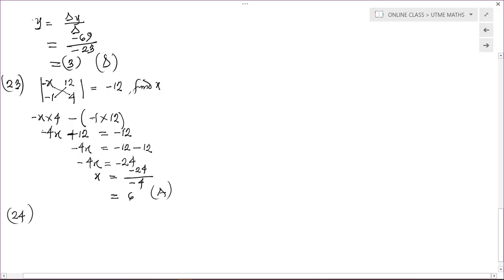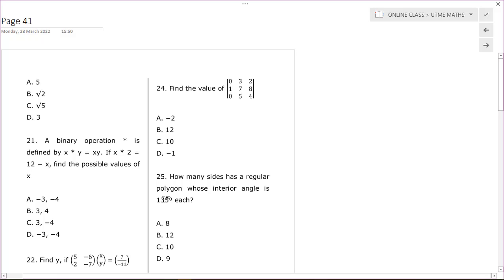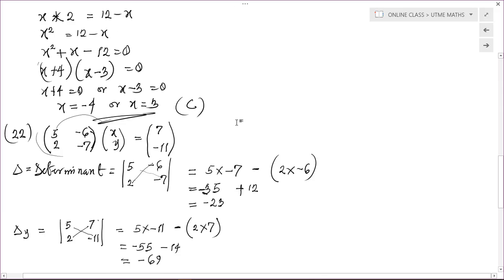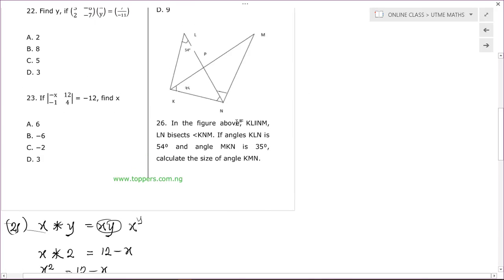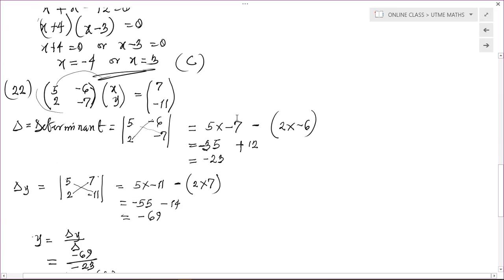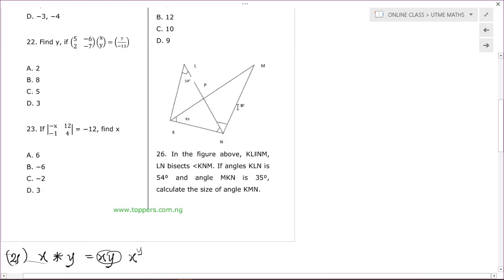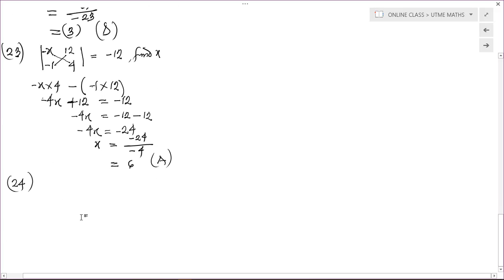Number 24 says that find the determinant. When you see one like this, a line by the side, the determinant of 0, 3, 2, 1, 7, 8, 0, 5, 4.